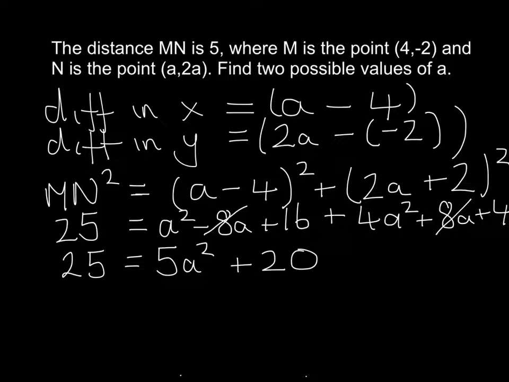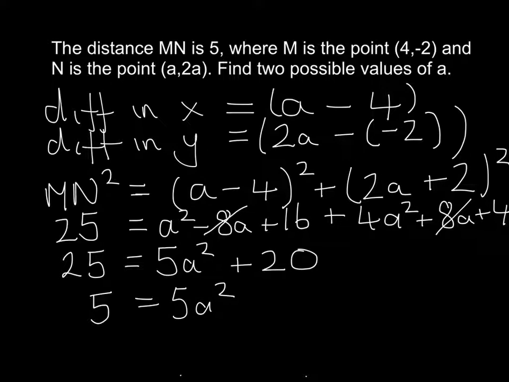Rearranging this so that I'll have a's on one side and numbers on the other, if I take 20 off both sides, I will get 5 equals 5a squared.